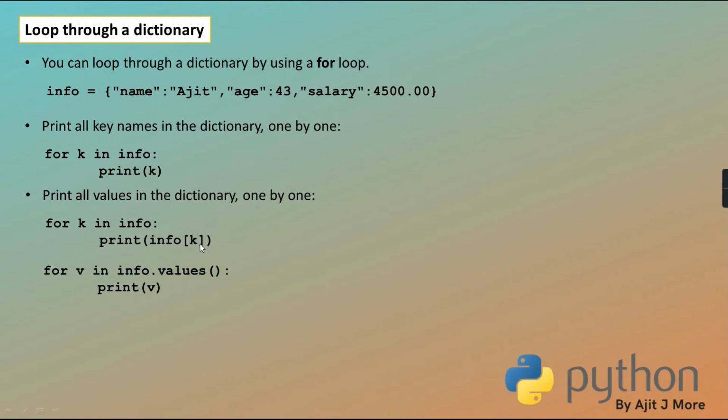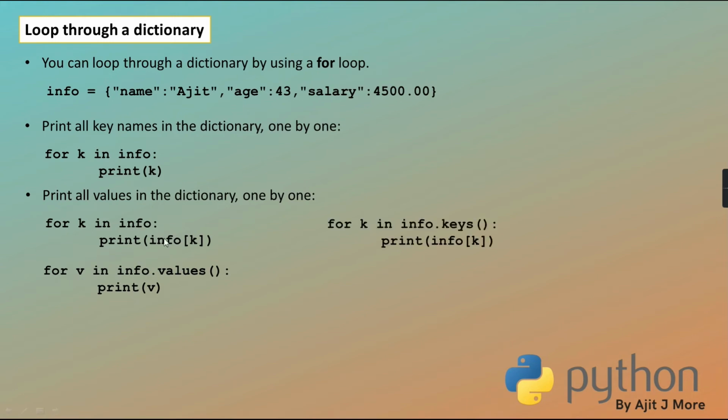Okay? Another provision is there. If you want values directly, so this is one way by which we can display value. There is another way, info.values. Info.values also returns what? One iterable object, and that iterable object is of class dict values. From that dict values you can fetch one by one value and print it.